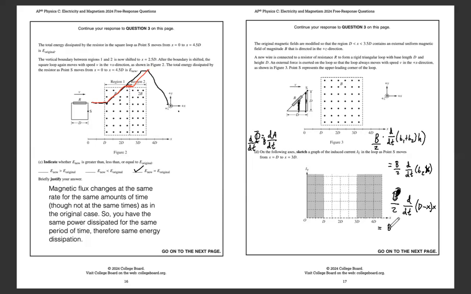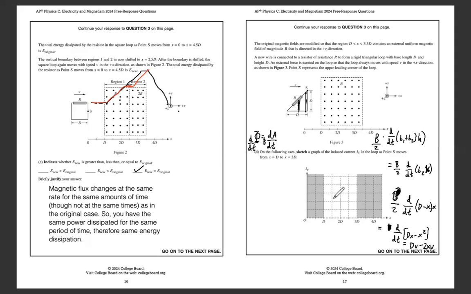I'm going to get rid of the B/2, I don't care about that anymore. So you're going to get d/dt of dx minus x squared, which is going to give you dv minus 2xv. All right, so it's going to be a straight line, and it's going to be decreasing.